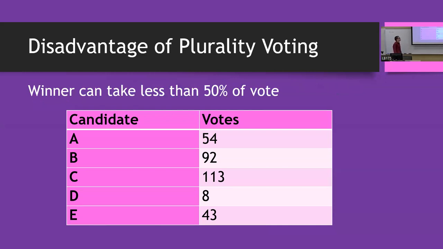And with plurality voting, oftentimes winners can take less than half of the vote. That comes up with Condorcet too, but it's very possible that the candidate who wins can be supported by less than half of the people.